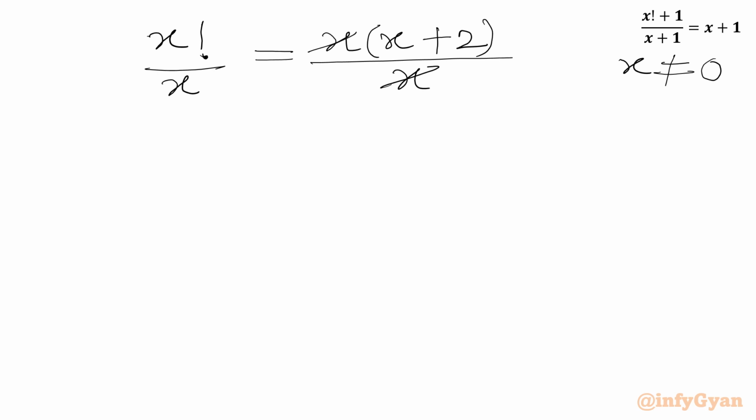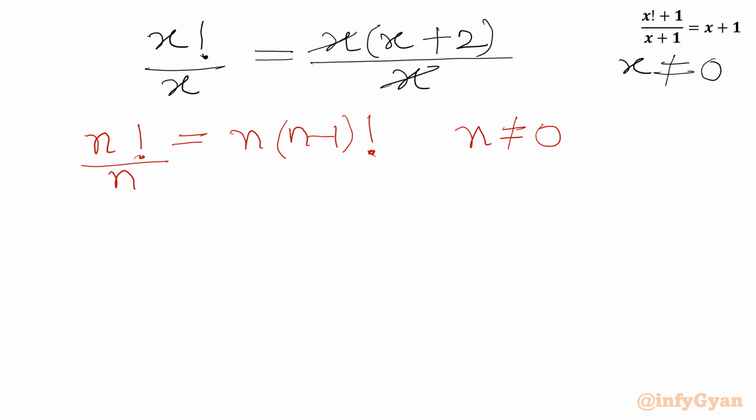Now I will write the recursive formula for factorials, which is n factorial equal to n times (n minus 1) factorial, where n cannot be equal to 0. Now I can divide both sides by n, so n and n will cancel.